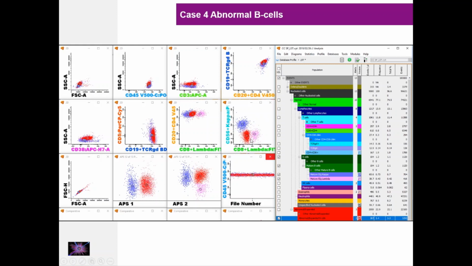We have a cluster which is represented in red, and these cells have similar CD19 and 20 expression. They do not express CD5. They have a dimmer lambda expression, and they are slightly bigger size than the normal B cells, and they only represent 3.4% of the whole cellularity.